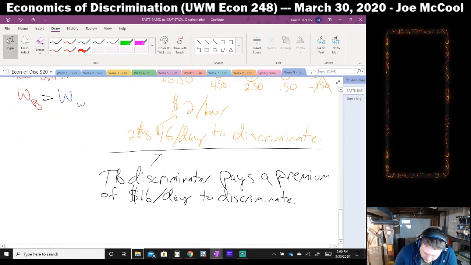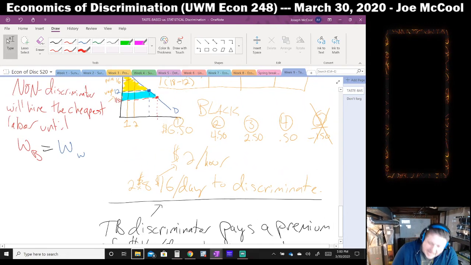So as the non-discriminators start to take advantage of the market, they will actually reduce the size of the available work pool, meaning that the cheaper labor will become more expensive over time, right?